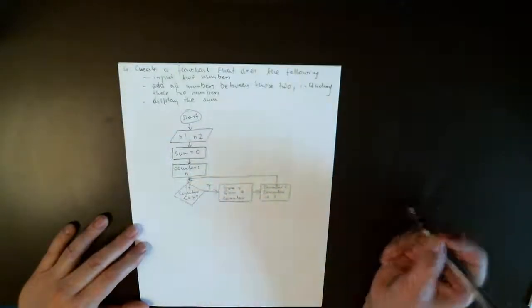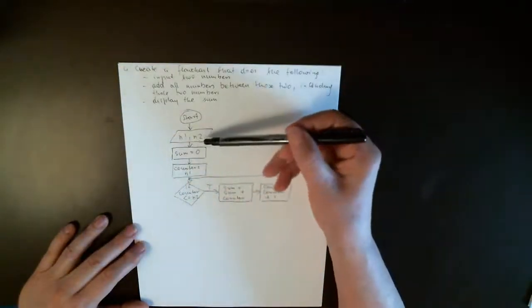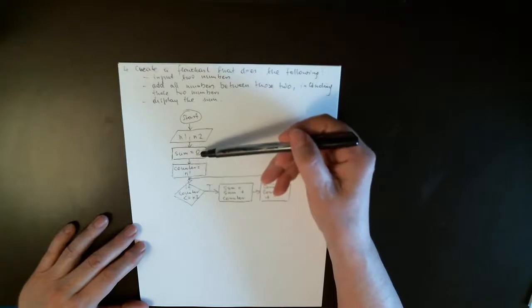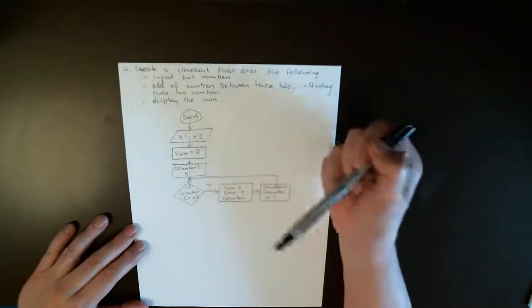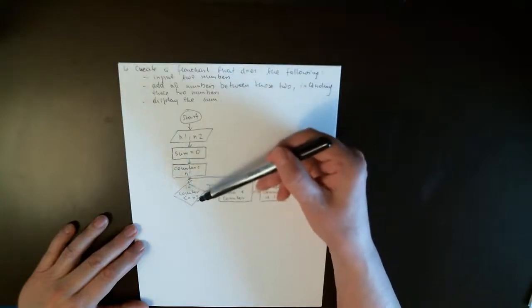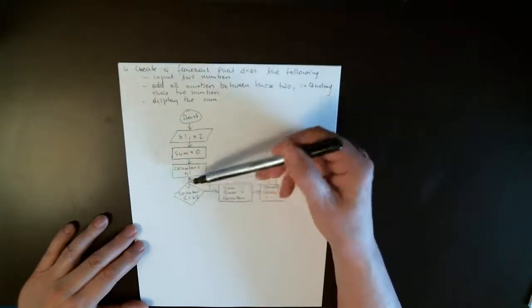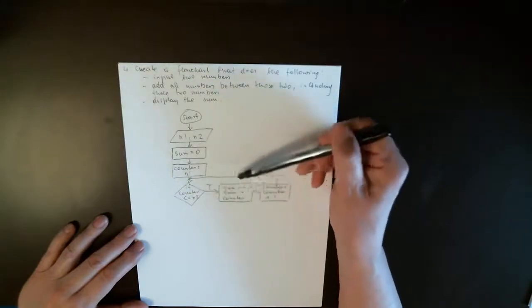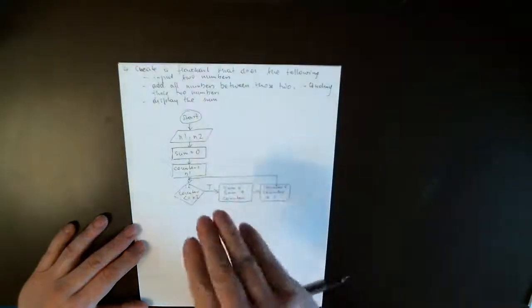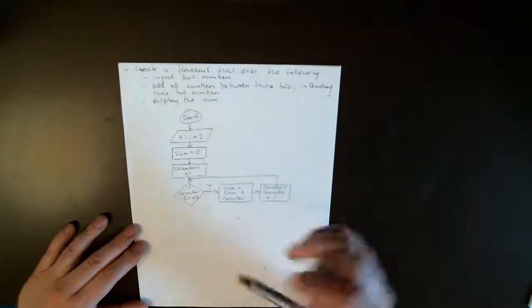All right. Now, we entered two numbers. We made sure that the sum is clean. We've got the counter that starts at the first number, and we've got where the counter ends. And while the counter is less than or equal to the second number, what do we do? We dump to the sum. Every time we go, we dump a new number.